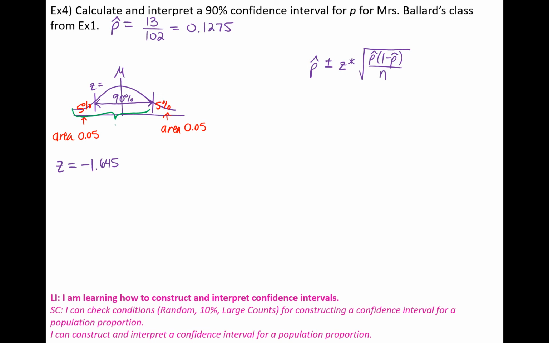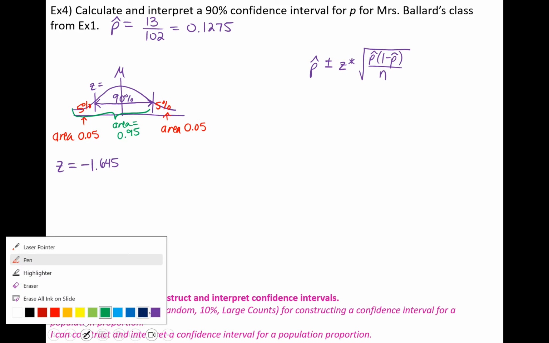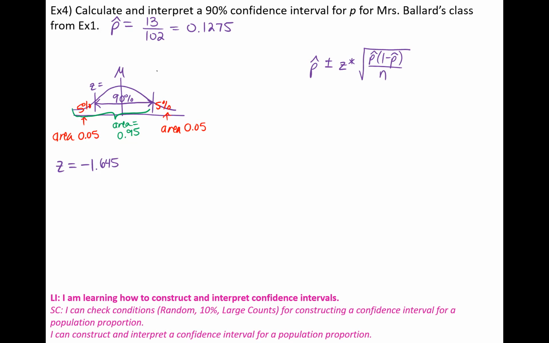So I would be looking up an area of 0.95 in order to actually give me the area of the 0.05 on the right. So I would look up an area of 0.95 to get this z-score here, and I should end up with a matching 1.645. And since they are matching, you really only need to look up the one, in case you were wondering.